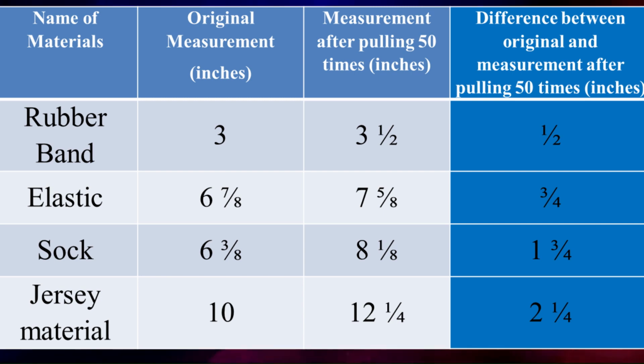This was followed by the elastic, which deviated only 3/4 inch, then the sock, which deviated 1 3/4 inches, and the least elastic was the jersey material, which deviated by 2 1/4 inches.